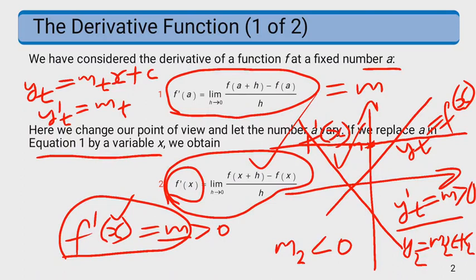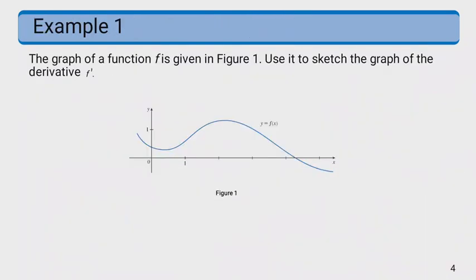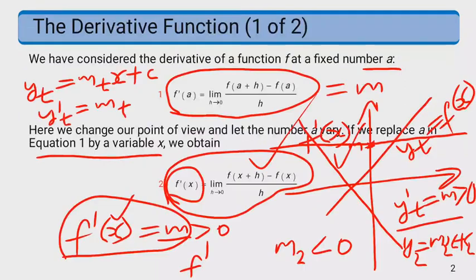And if it's less than 0, it means in this case our f prime, let's call it f prime 2, of x will be equal to nothing but m2.